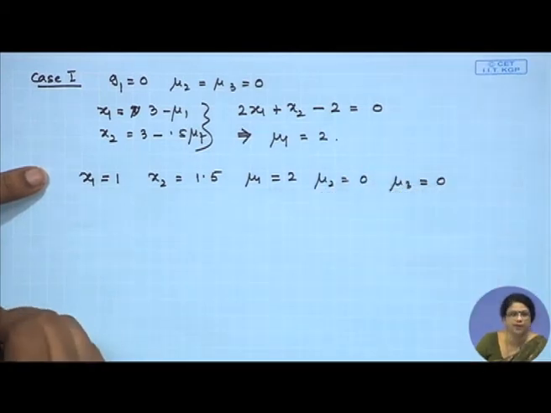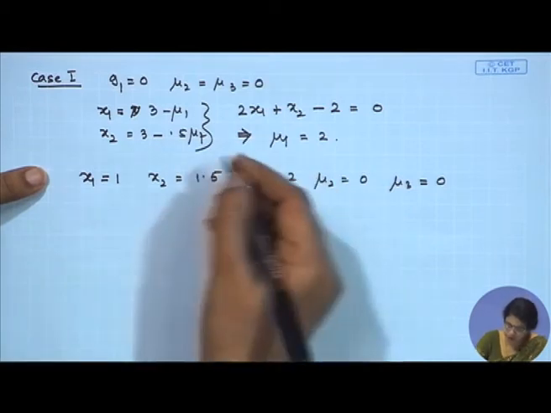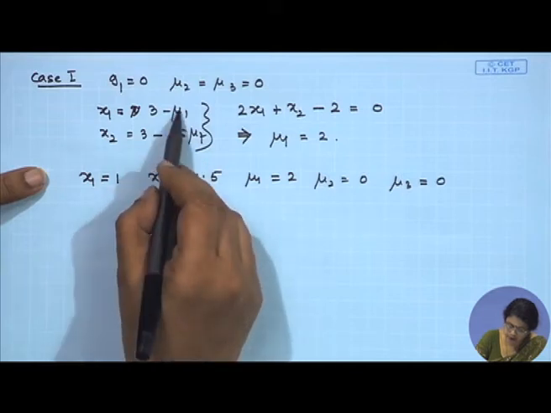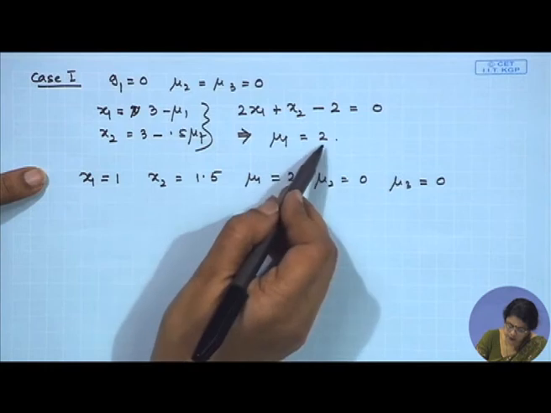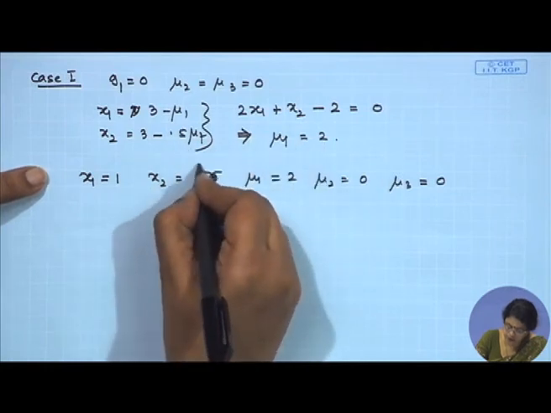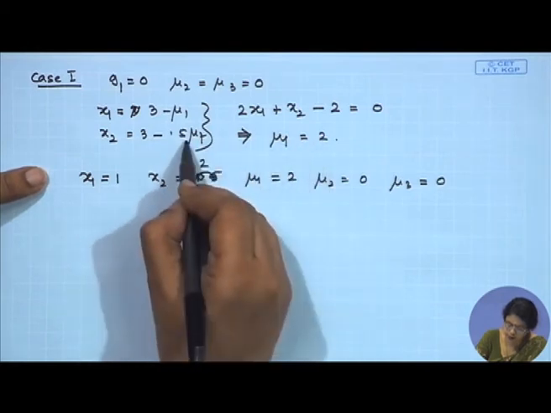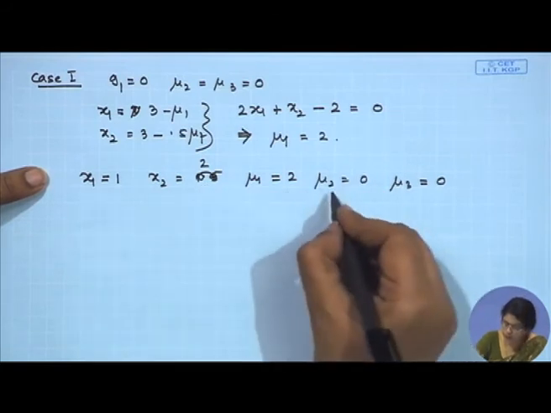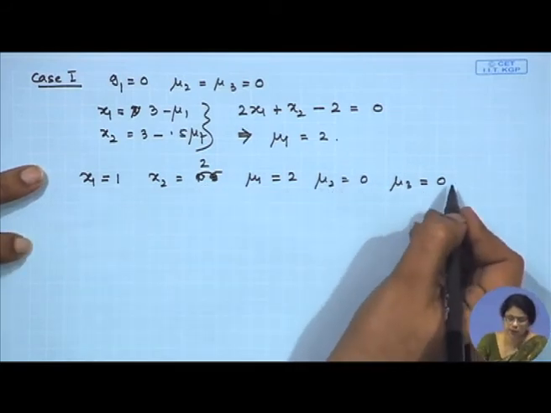Okay, we will get this value. This would be 2.5, not, this is 1, and x2 is equal to 2 only, because 2 into 0.5 is 1, and 3 minus 1 is 2. Mu1 is equal to 2, mu2 is equal to 0, mu3 is equal to 0.